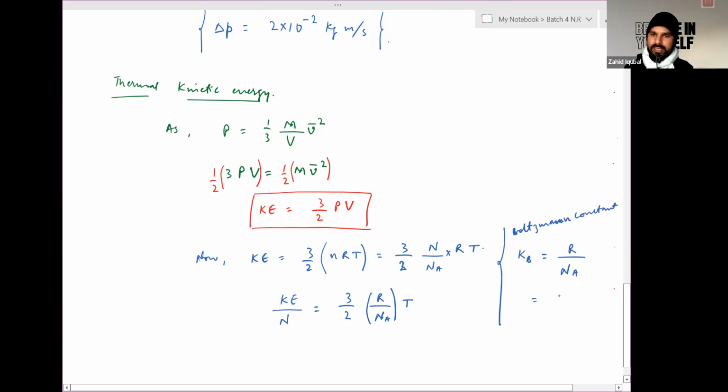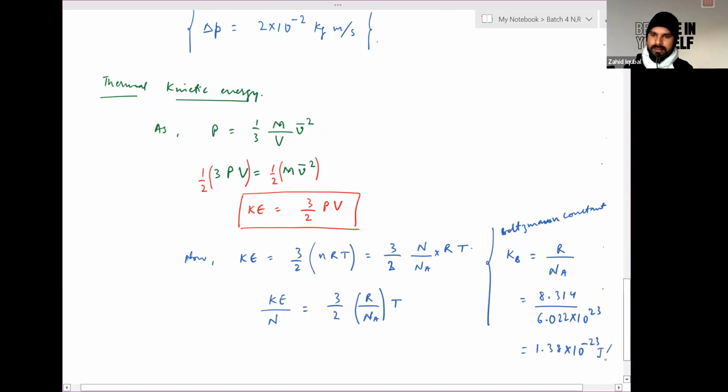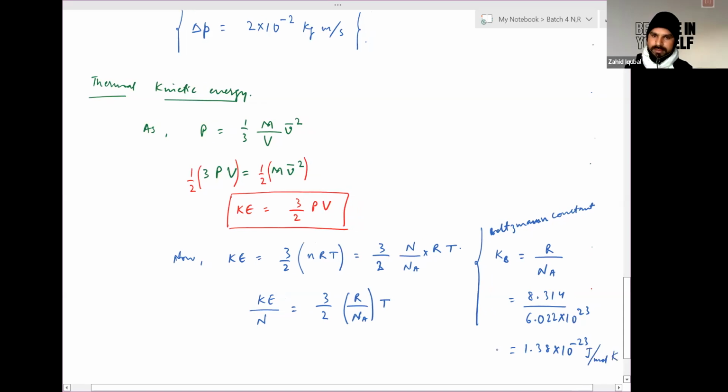So if you put the value of R, that is 8.314, divided by Avogadro number 6.022 into 10 to the power 23, you get 1.38 into 10 to the power minus 23 joule per Kelvin. Gautam, is it clear? Yes, sir.